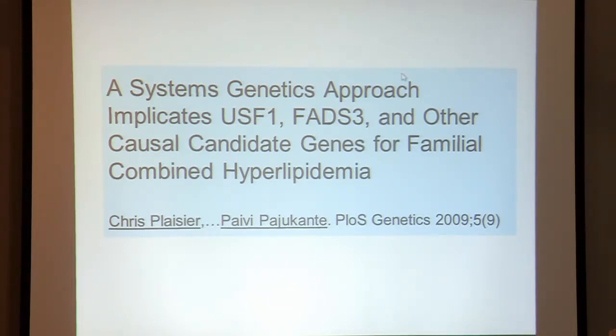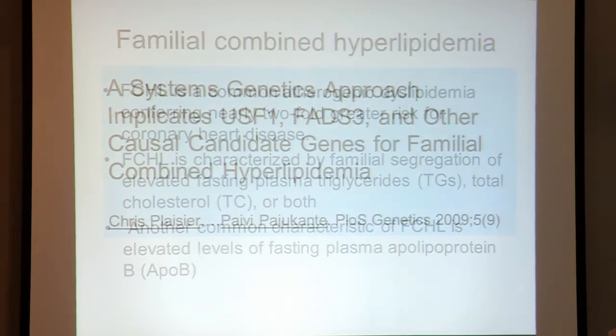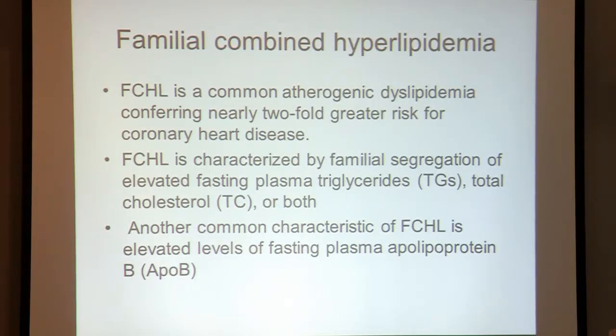These are data that were generated by Päivi Päiväkanti, who was the PI on this study, and Chris Plaisir, who was the first author. So FCHL is, of course, a lipid disorder, and it's characterized by elevated fasting plasma triglyceride levels, total cholesterol, or both.